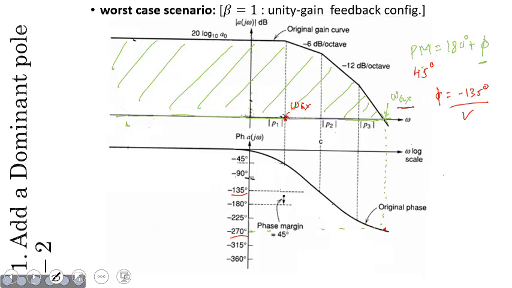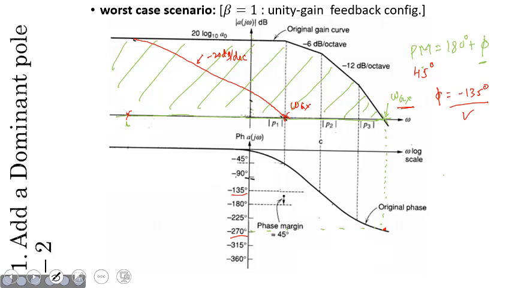Because it is the value at which the open loop gain becomes 0 dB, right? So we need an open loop having a slope, something like this. I need to have a pole at this particular intersect, and when we have a pole, the gain would degrade at a rate of minus 20 dB per decade, stepping down from the first pole.